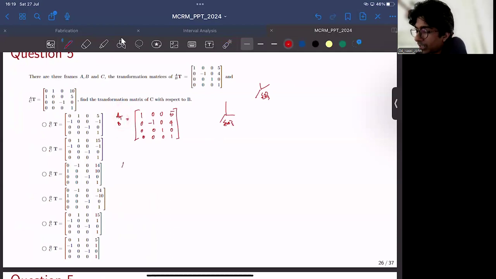We have also been given one more transformation, ATC, that is 0, 1, 0, 10, 1, 0, 0, 5, 0, 0, minus 1, 0, and 0, 0, 0, 1. Let this be another frame C. So the transformation of C with respect to A is also given.